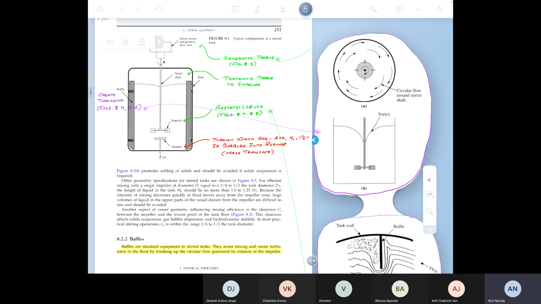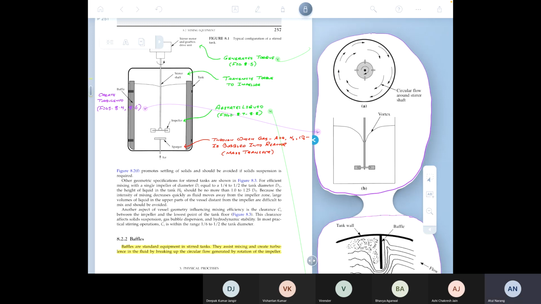So the baffles are introduced basically to break this laminar flow into a turbulent flow. So they create turbulence. That is the job of the baffle. Now these baffles, they come in two varieties. If you see the picture on the left carefully, you can see that there is a slight gap between the reactor vessel and the baffle.